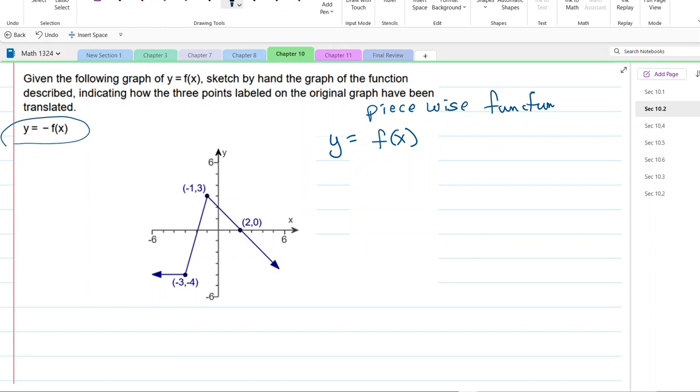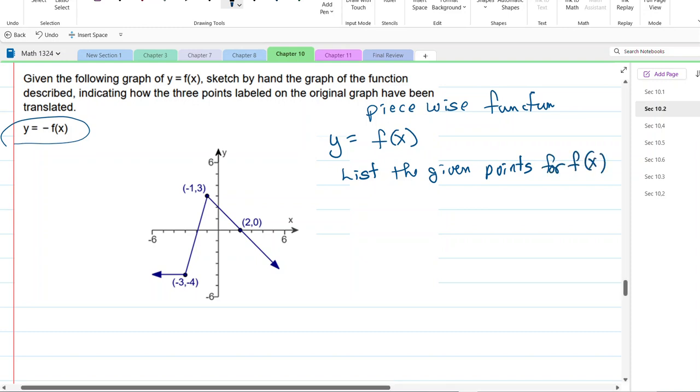All right. So what we're going to do is list the given points for f of x. All right, so let's look at them.